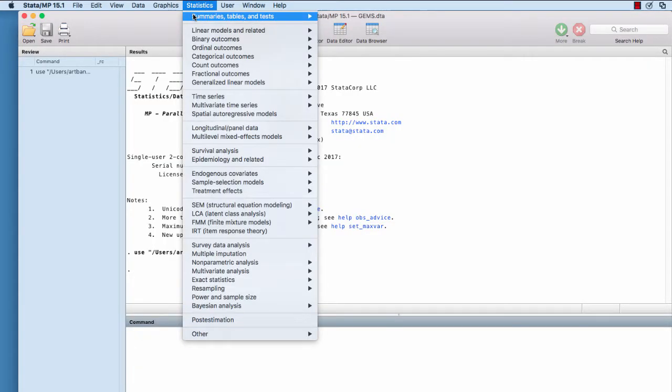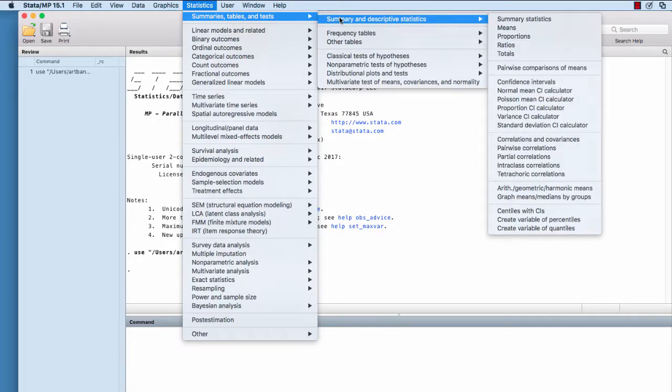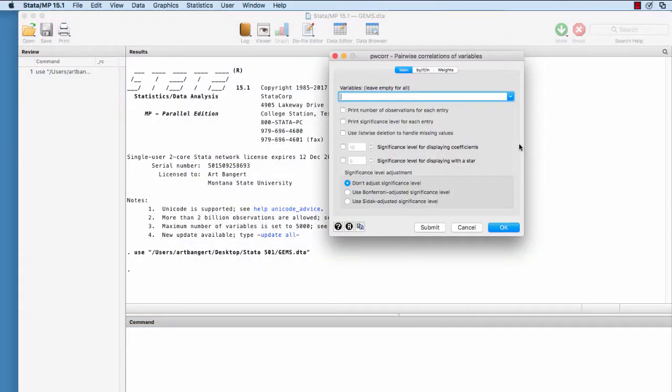To do that, I need to go to Summaries, Summary and Descriptives, and Pairwise Correlations. And so then I'm going to select those variables. So I'm going to select 4th grade math, reading, and science. And then I'm going to click on print significance level for each entry.